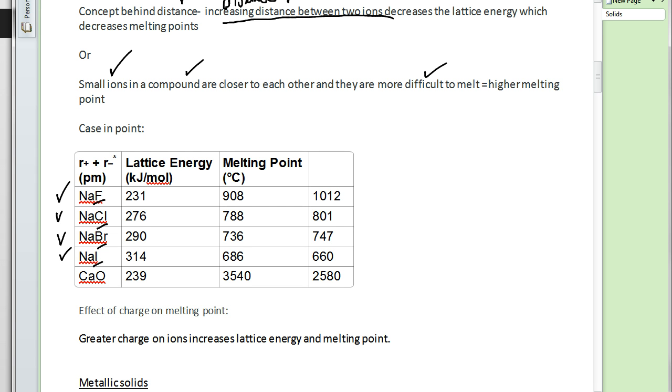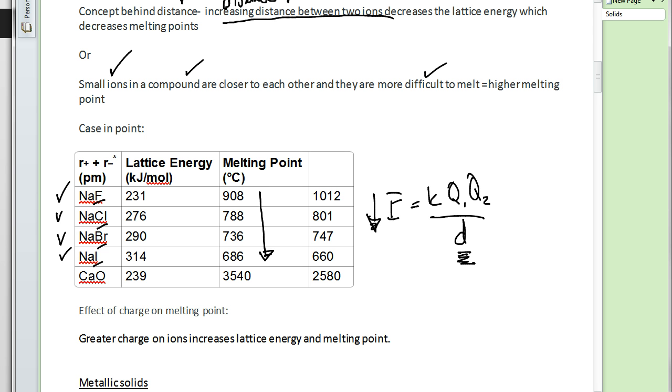And like I said before, in that formula, E equals k Q1 Q2 over distance, or they had it listed as r. If you increase this value, you're going to decrease this value. And so look what happens as you go down this group.